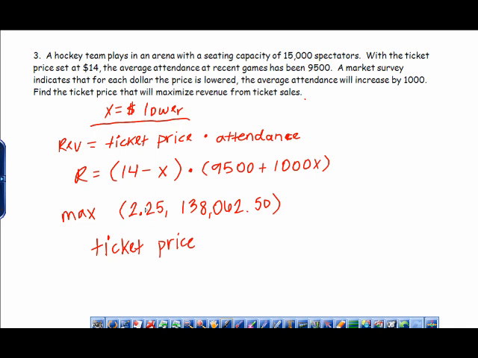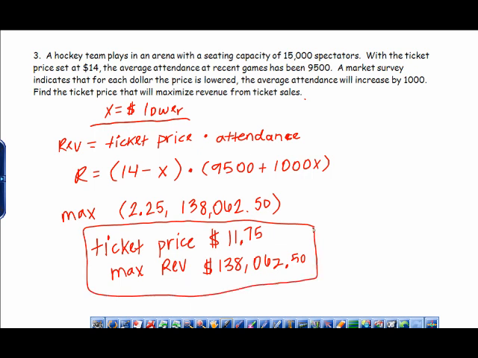So 14 minus 2.25 is going to be 11.75. And then the maximum revenue, which is what they were also asking. Well, they weren't asking it, but we're going to go ahead and write it: $138,062.50. And notice that I'm using units and being very thorough here.